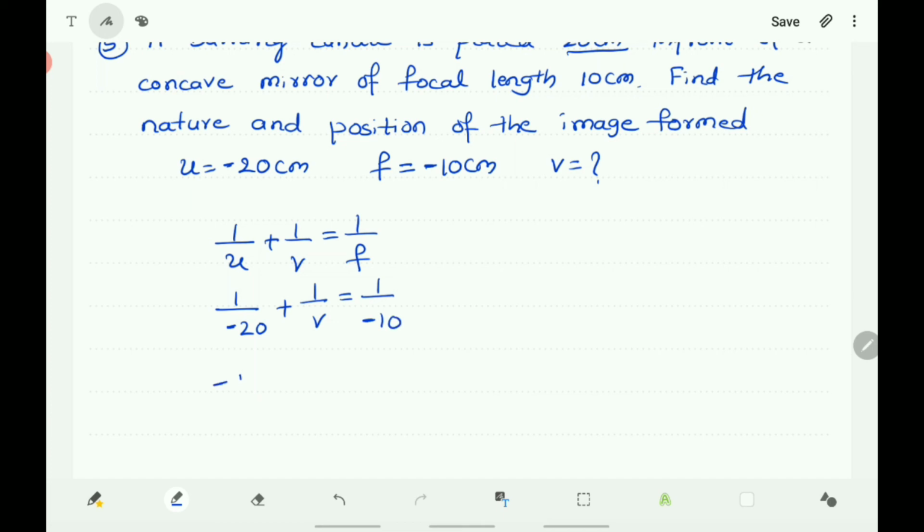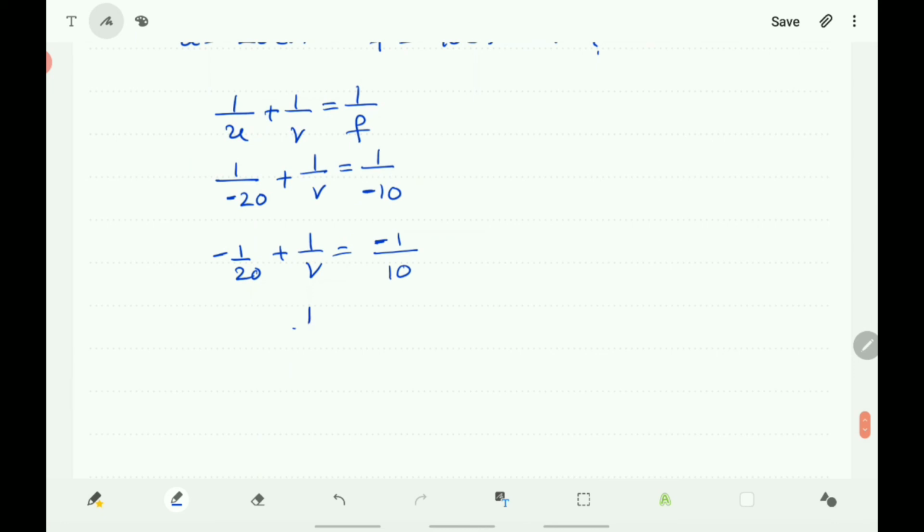So it is minus 1 by 20 plus 1 by v is equals to minus 1 by 10. Then 1 by v is equals to minus 1 by 10 plus 1 by 20.